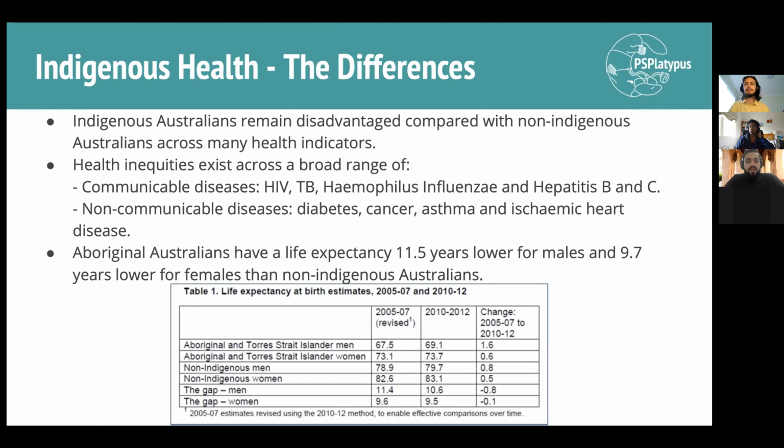Also, in terms of life expectancy, indigenous males have a lower life expectancy than non-indigenous males by 11.5 years. Indigenous females have a lower life expectancy by 9.7 years than non-indigenous females, which is a lot.